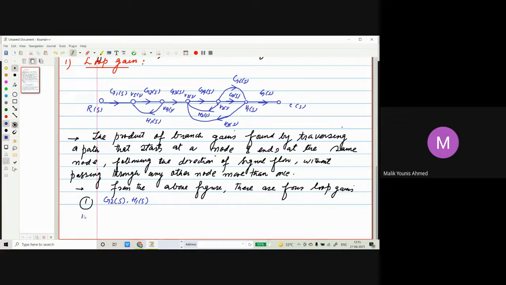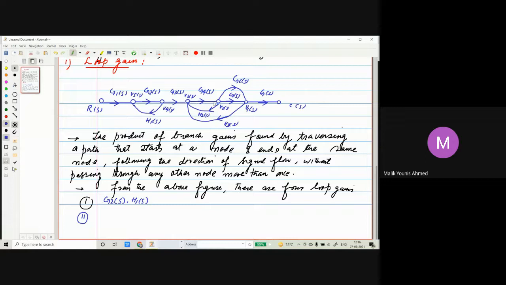The second loop gain we can write is, you can move here, G4 into H2. You start at the node, exit at the same node. Finished, number one. Point number two, in the direction of signal flow graph, and without encountering any node more than once.